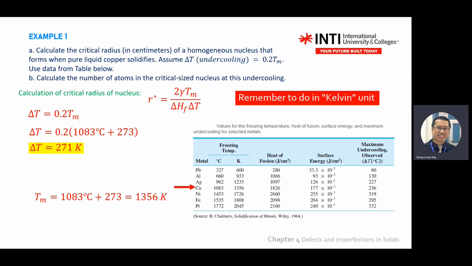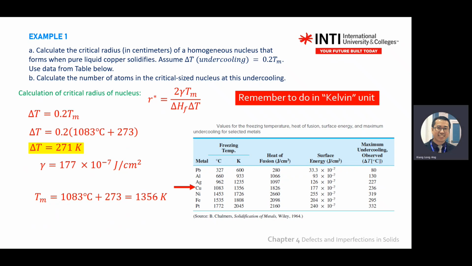Then you get your delta T equal to 200-something Kelvin. So you get one of the terms for the critical radius equation. The constant value for this one is 177.